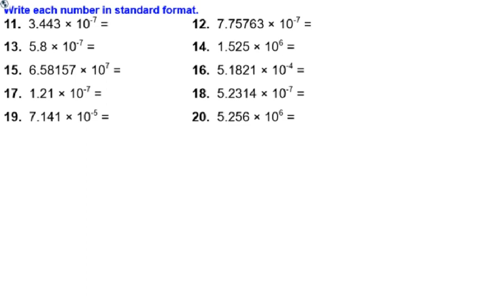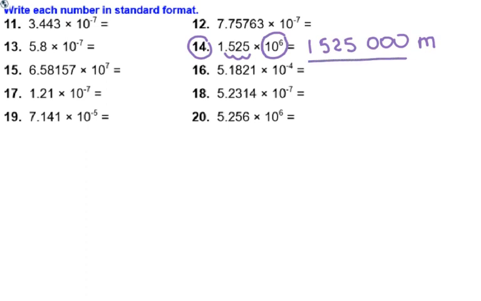Here are some questions that are given in scientific notation and you want to rewrite them in standard notation. So I'm going to choose just some random questions. So here is number 14, and I'm going to move my decimal to the right 6 times. So I have 1, then I have 5, 2, 5, and I need 3 more zeros. So I needed to move 1, 2, 3, and then again 1, 2, 3 gives me those zeros. And I'm measuring everything in meters, so my answer is in meters.